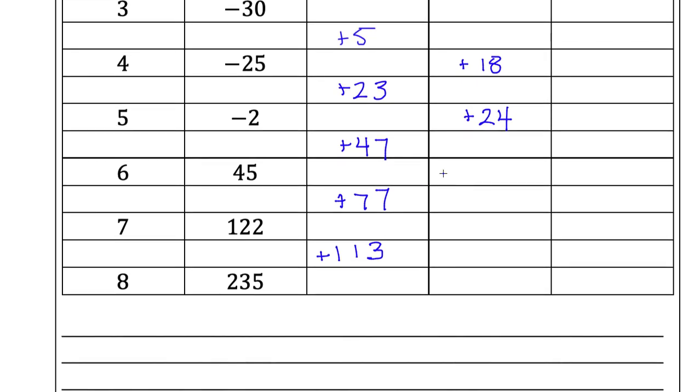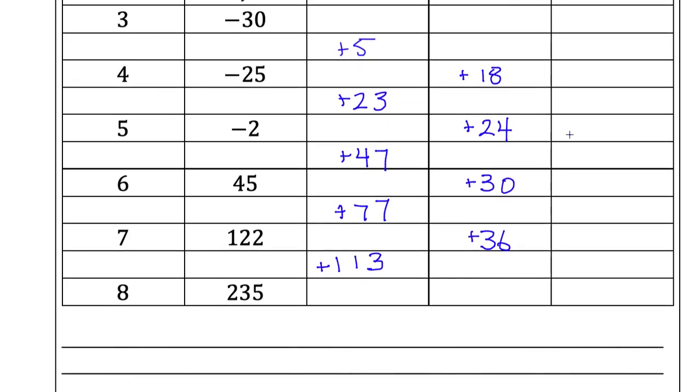To get from 47 to 77, I have to add 30. And to get from 77 to 113, that's going to be plus 36. I think I did that math right.